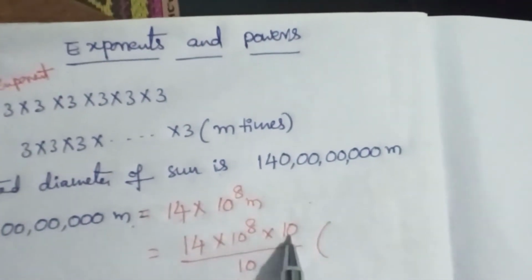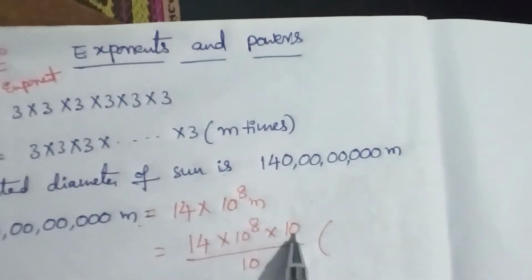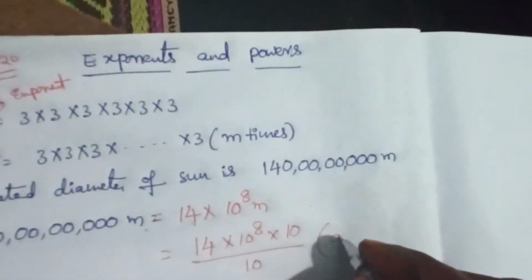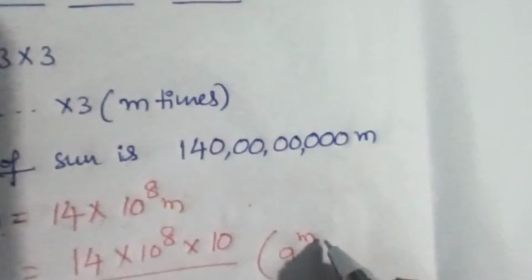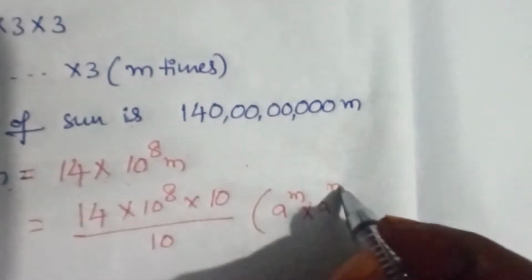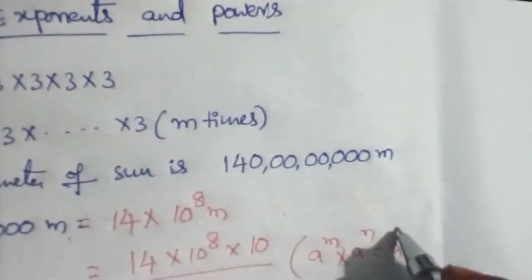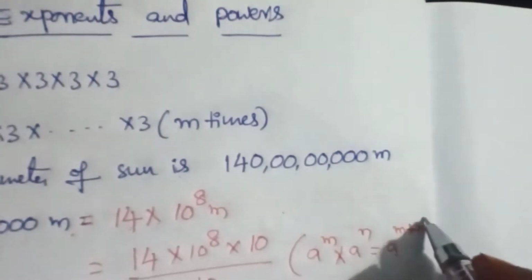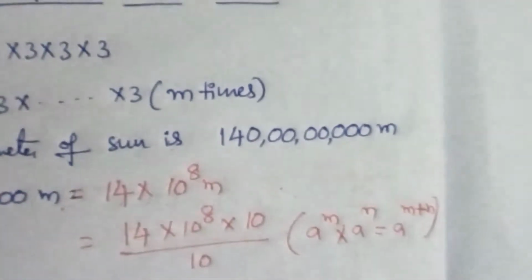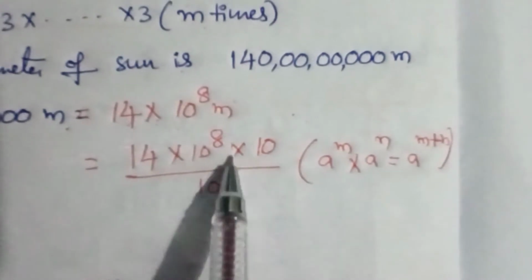Here we have the same bases, that is 10, 10, 10. According to the formula a power m into a power n is equal to a power m plus n. Here the bases are equal.